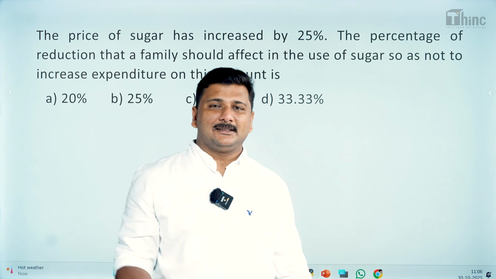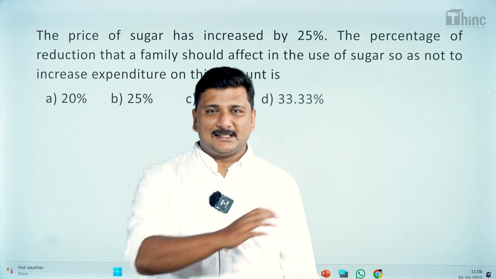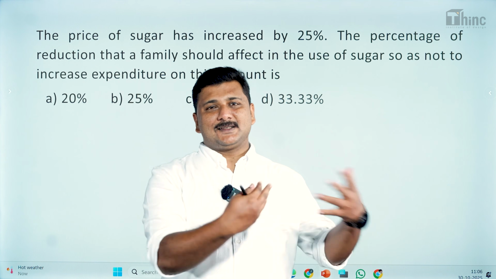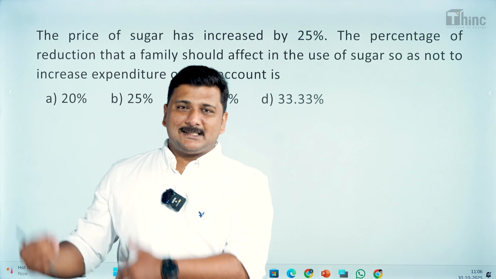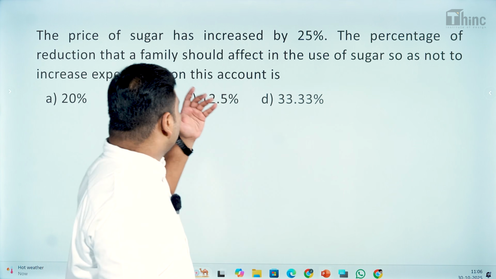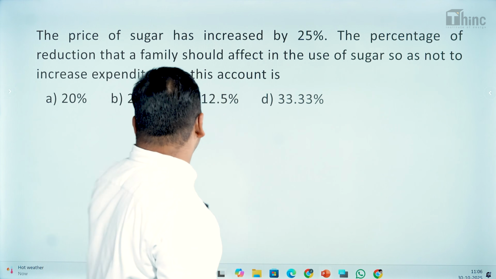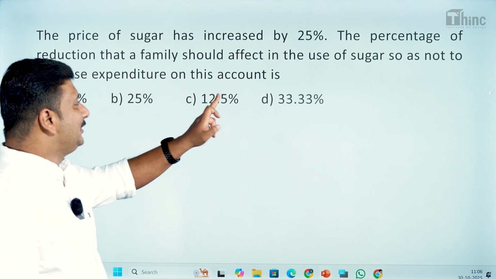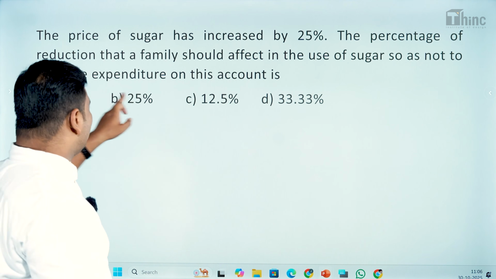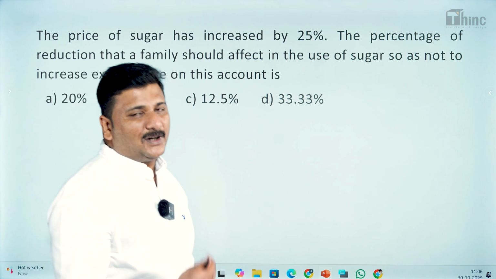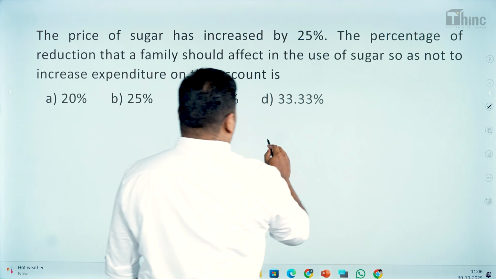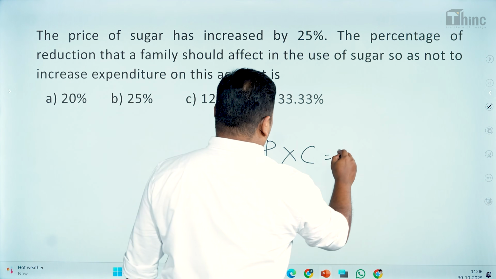If the price is more, the quantity you can buy is less. The question is asking the percentage reduction the family should effect in the use of sugar so as not to increase the expenditure. So what is expenditure? We know that price into consumption is expenditure, is it right?